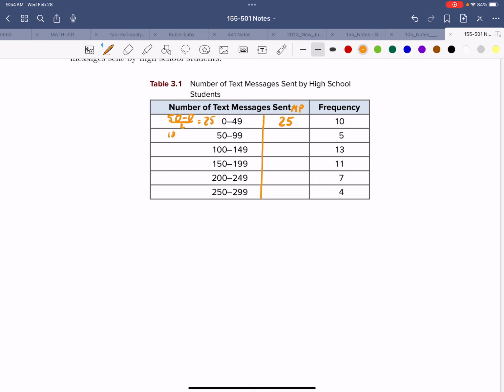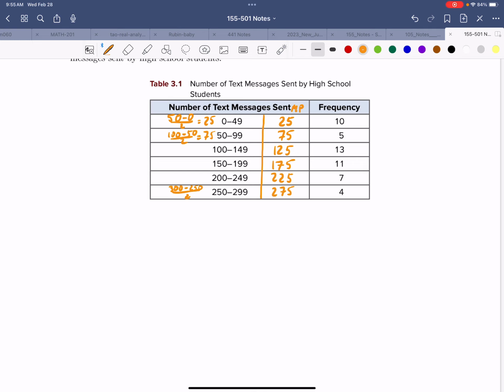And then (100 minus 50) over 2 equals 75. You just keep doing this, see if you can get the others, but they're going to work out to be the following. I'll just do the last one, right? The last one would be (300 minus 250), that's the pattern, divided by 2, which is 275. And note that 275 is right between 250 and 300, right?